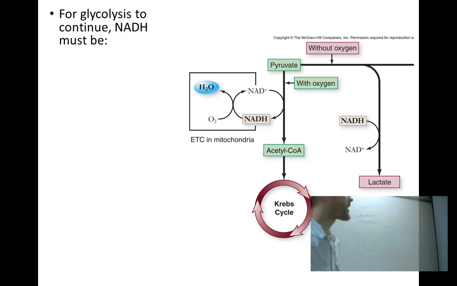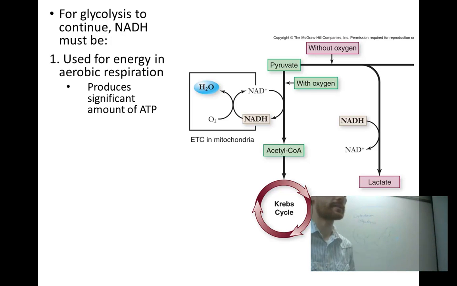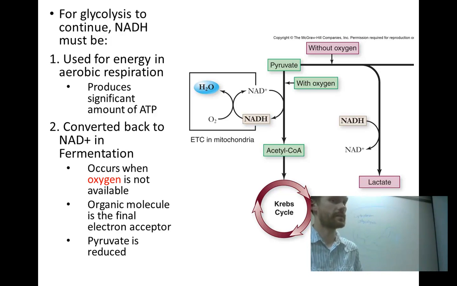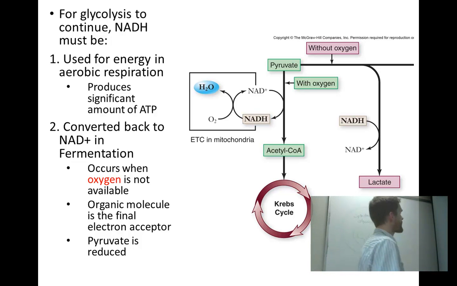So for glycolysis to continue, you need NAD+. So you have to convert that NADH back to NAD+ if you want to keep on doing glycolysis. You can do this by using your NADH in aerobic respiration, which gives you a lot of ATP, or you can go through fermentation.